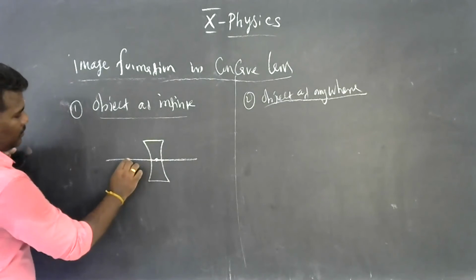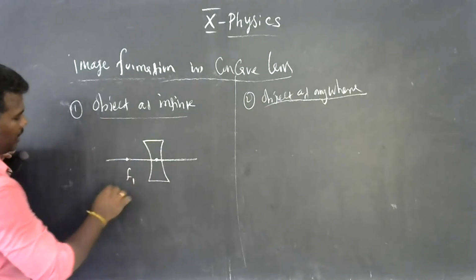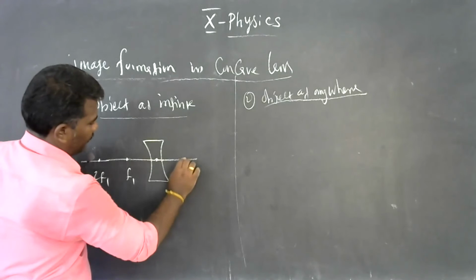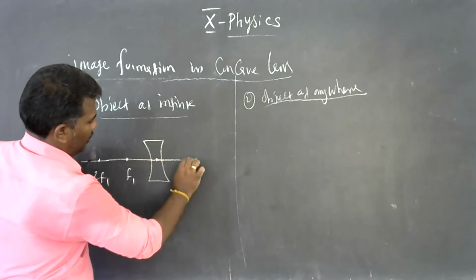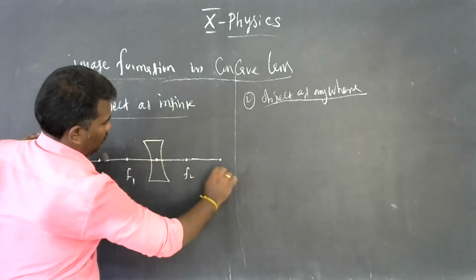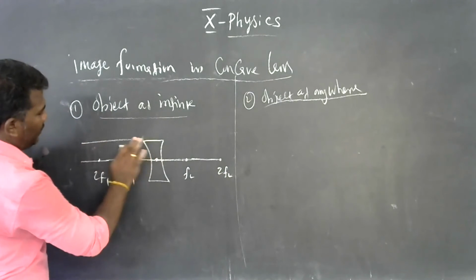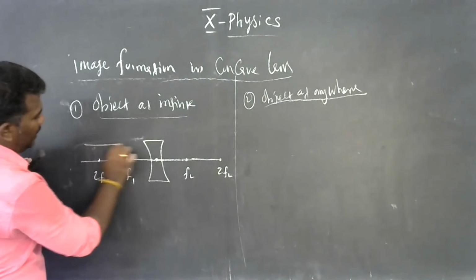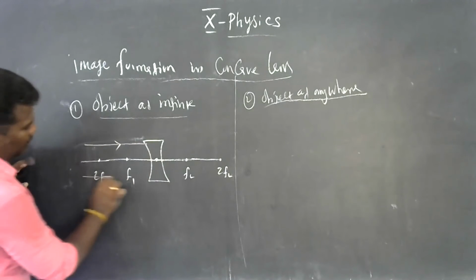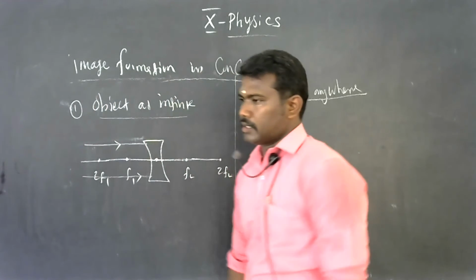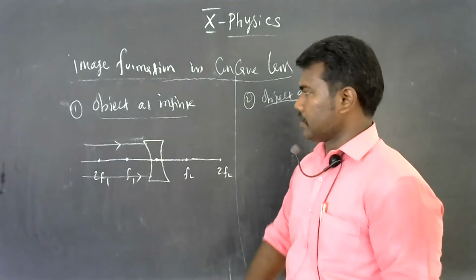So optic center, F1, to F1, F2, to F2. The object is located at infinite distance, which means the light rays from the object are parallel to the principal axis.